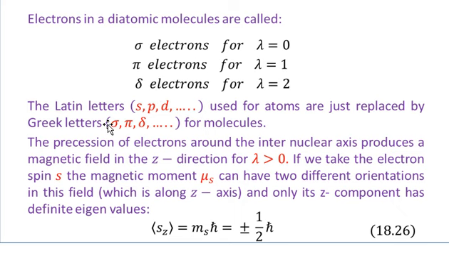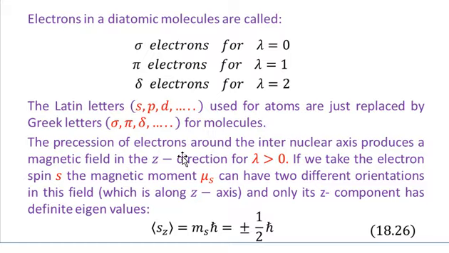The Latin letters S, P, D, and so on that we have been using for atoms are just replaced by the Greek letters sigma, pi, delta, and so on for molecules. So for molecules we represent sigma, pi, delta, and for atomic physics we used S, P, D, and so on.